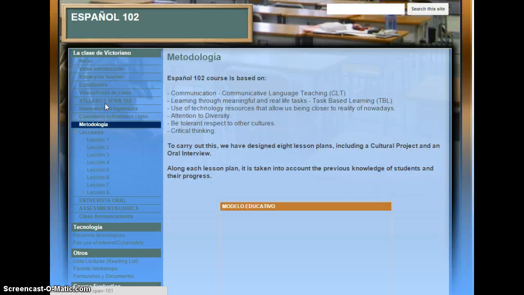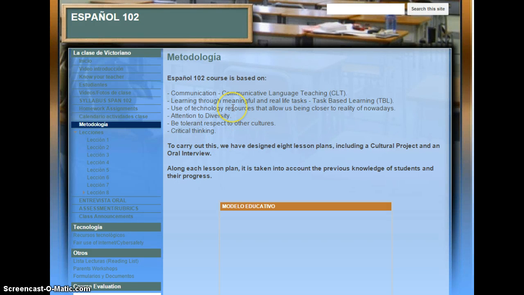The methodology is the attention to diversity that I have, because in the special environment I have with different nationalities, and also respect to other cultures, and critical thinking and positive thinking about the topics we are learning.